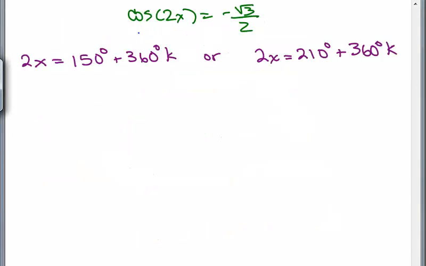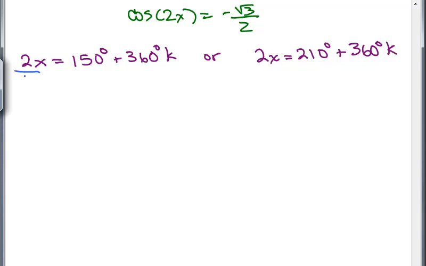All right, so remember we got down to the cosine of 2x equals negative square root of 3 over 2. So either that angle in here, which is 2x, can equal 150 degrees plus 360 degrees k, or 210 degrees plus 360 degrees k. But we don't want to solve for 2x, we want to solve for x. So this means we have to divide both sides of the equation by 2.